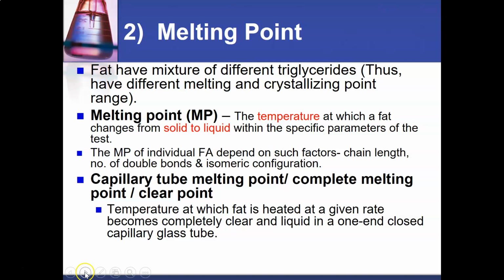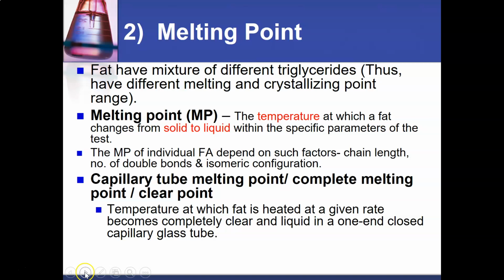So melting point is the temperature at which a fat changes from solid to liquid within the specific parameters of the test. The melting point of individual fatty acids depends on factors such as chain length, number of double bonds, and isomeric configuration, whether it's cis or trans.